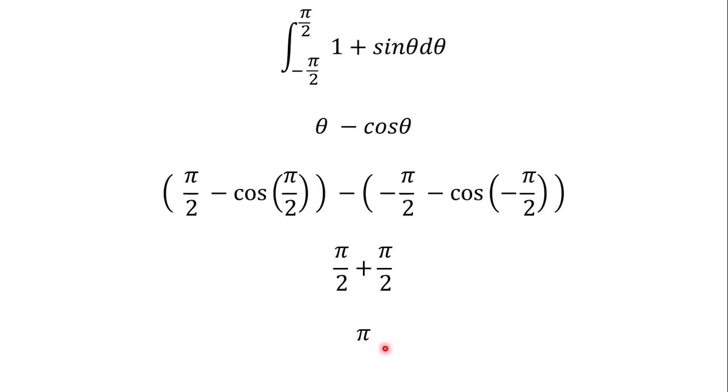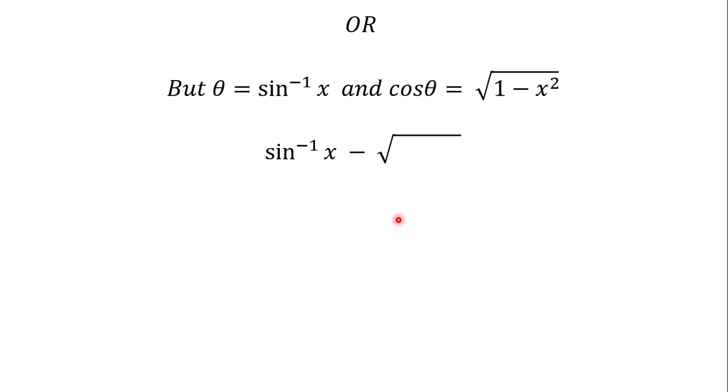But what if we had decided to go back to the x world? Let's find out if the x world will also prove that the answer is equal to pi. With this same expression, we are going to take this one to the x world and put our values into it.